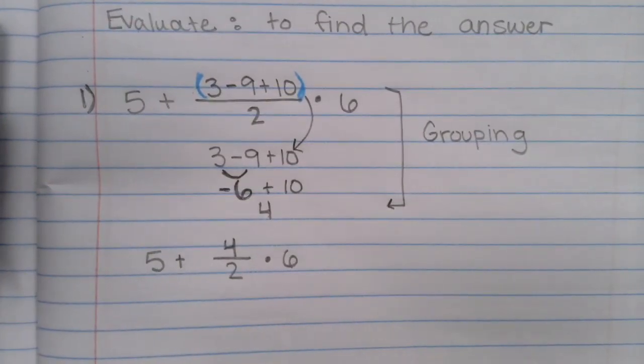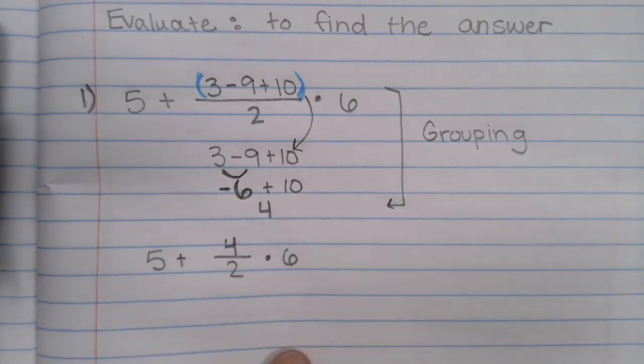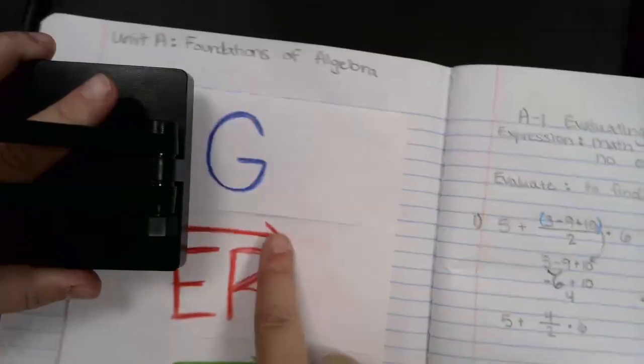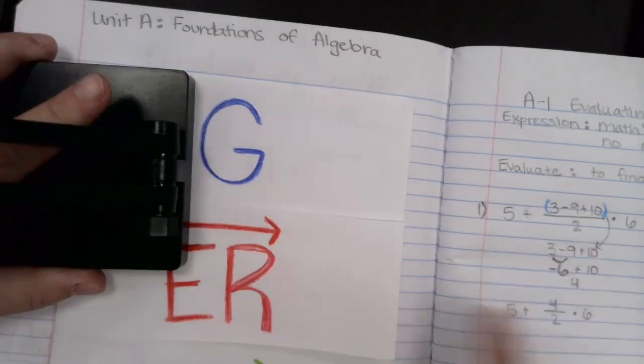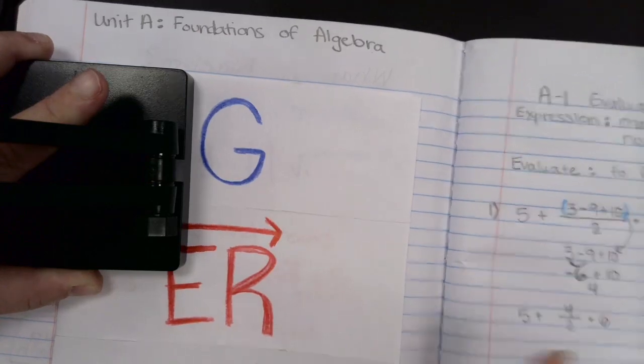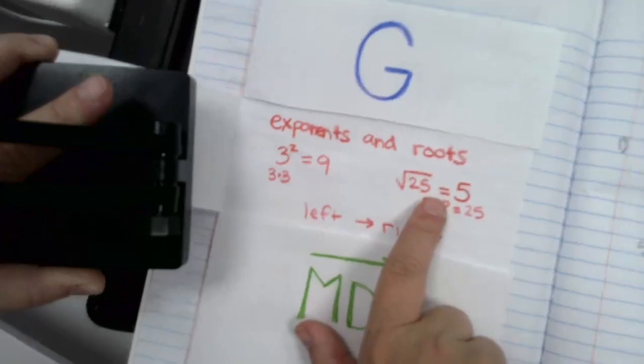So there's kind of 2 ways to do this. Whatever works best for you is how you want to do it. Some people like to go back to their GEMDAS, and they work their way through those letters. So now, do I have any grouping symbols? No, because I just have a number on top and a number on bottom, so now this is division. I have E and R. Do I have any exponents or roots?